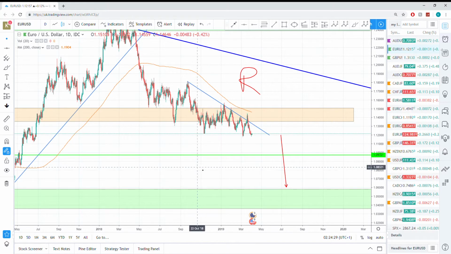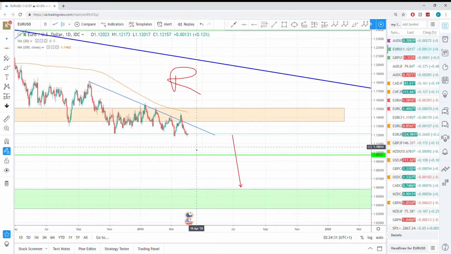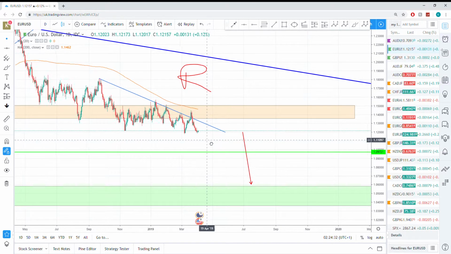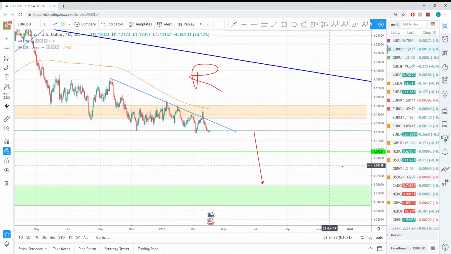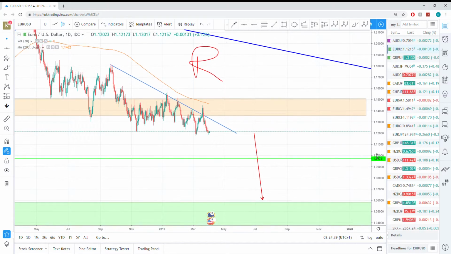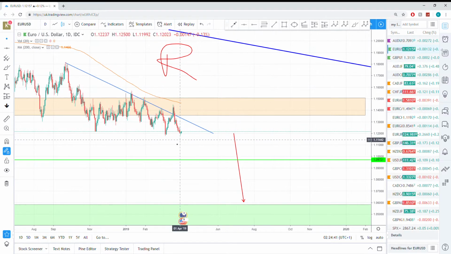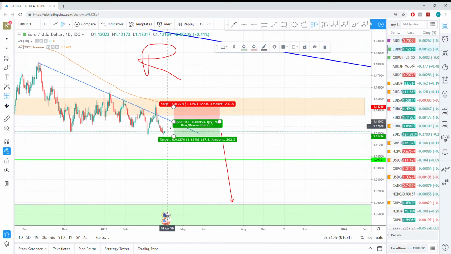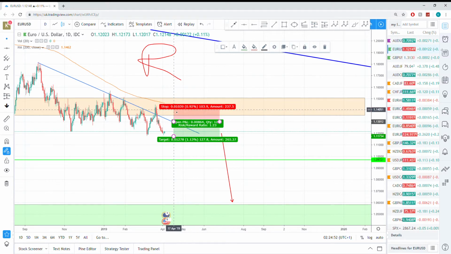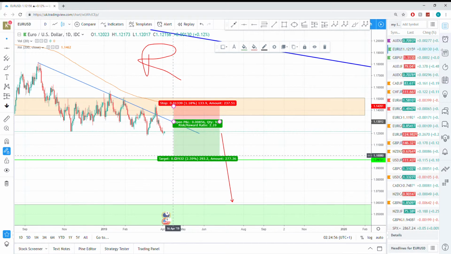So what we could say now is that we do our top-down analysis from month, week, and day, and we can say roughly that we are looking for a short from this trend line, right? With some sort of risk to reward ratio, which is a lot larger.